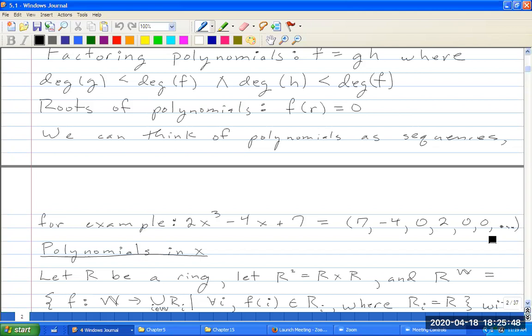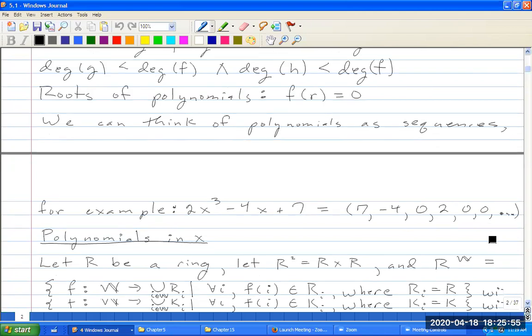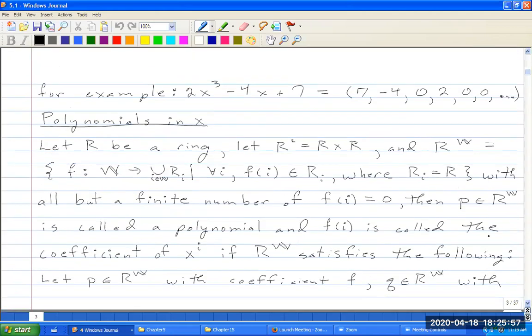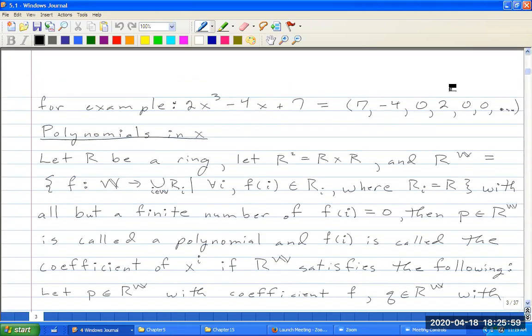So we can think of a polynomial as just being some sequence. In which case, you could think of x in a polynomial as really being just sort of a figment of the notation.